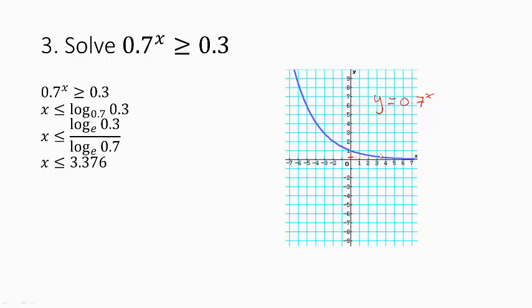So any x value which is less than 3.37, the y value is larger than 0.3. So it's important when you're doing these to keep in mind, what would this look like as a graph? That's a check to make sure that you're getting your answer correct.